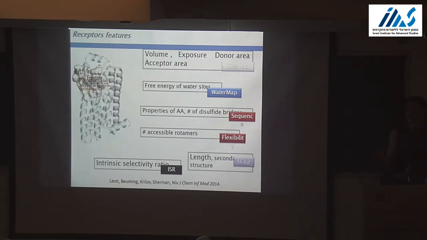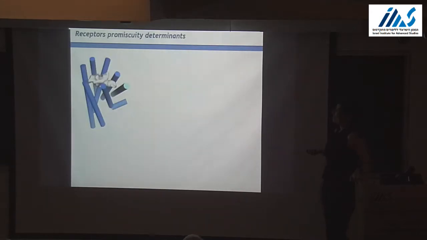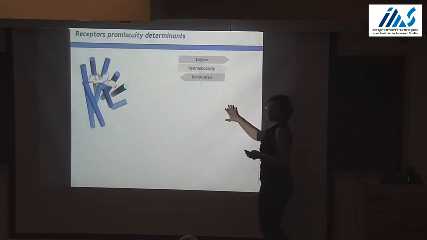And then we did a statistical analysis, which basically from all these properties found the ones that contribute to the known diversity of the ligands. So the winners of this contest were the surface area of the binding pocket, which has to be high, and the hydrophobicity has to be high, but the hydrogen bond donor area or number has to be low in order for this pocket to be promiscuous, right?